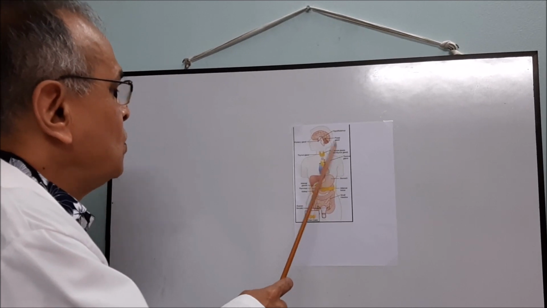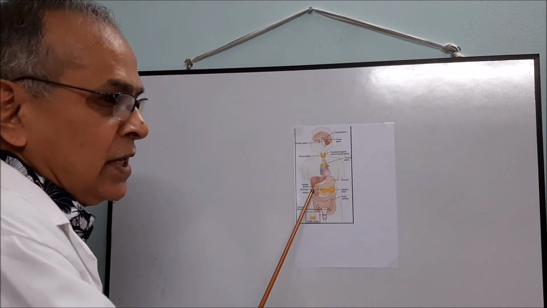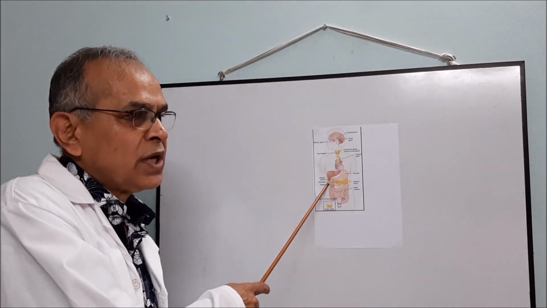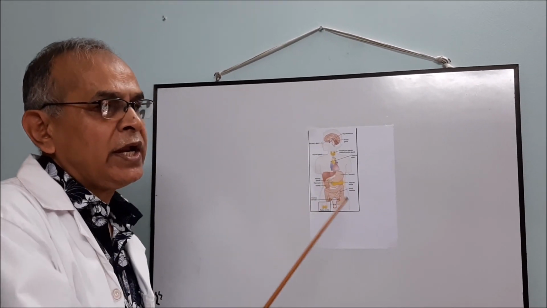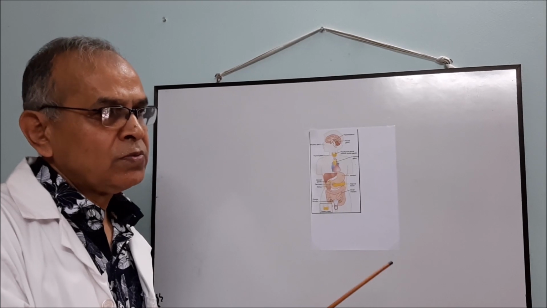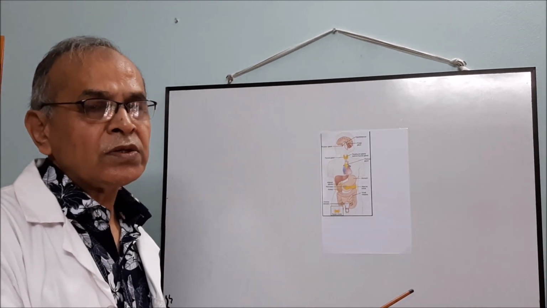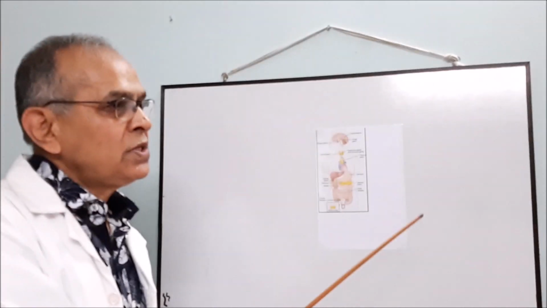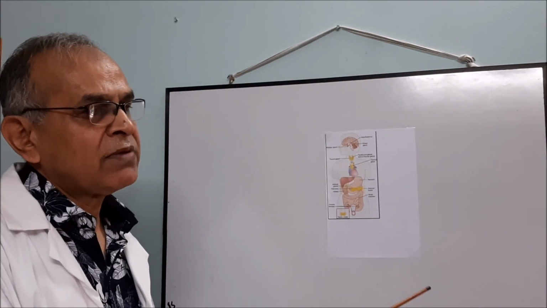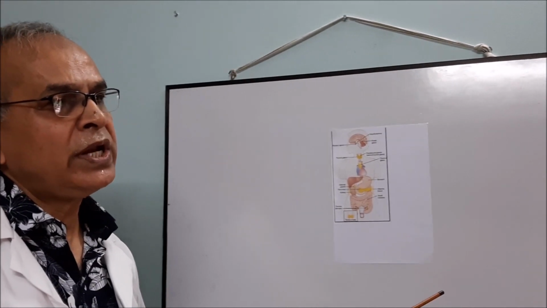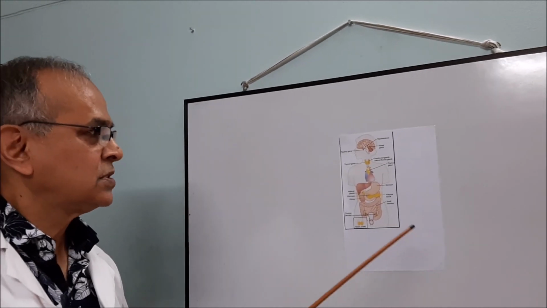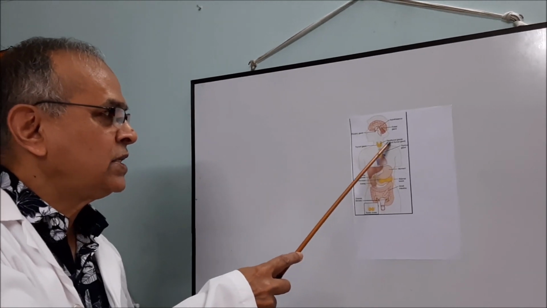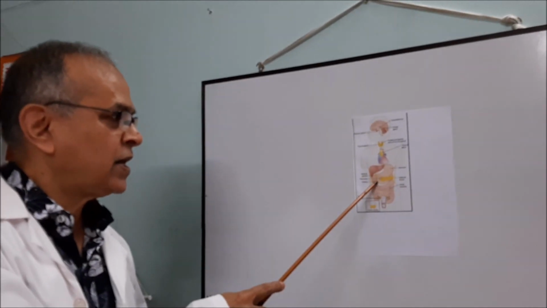These two glands are life-saving glands. The hormones are parathormone, and from the adrenal cortex, aldosterone as well as cortisol. Without these hormones, you cannot survive for a few days or a few hours.